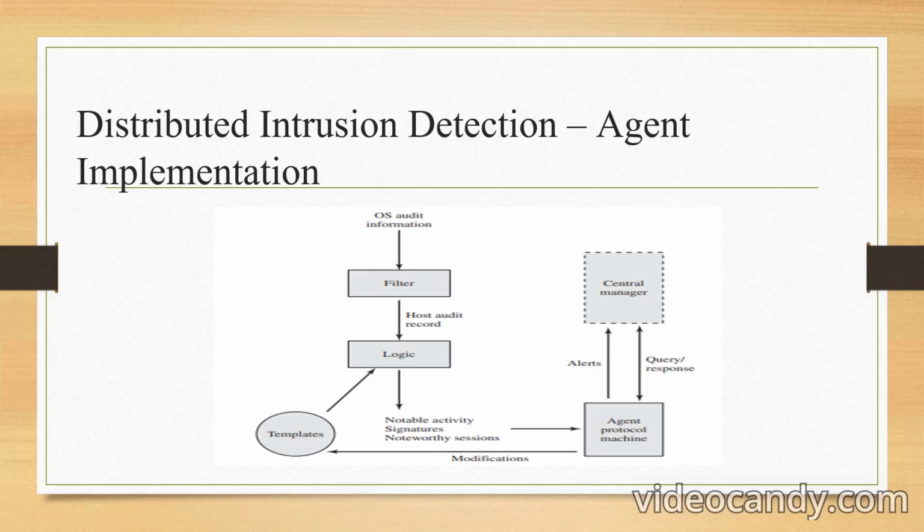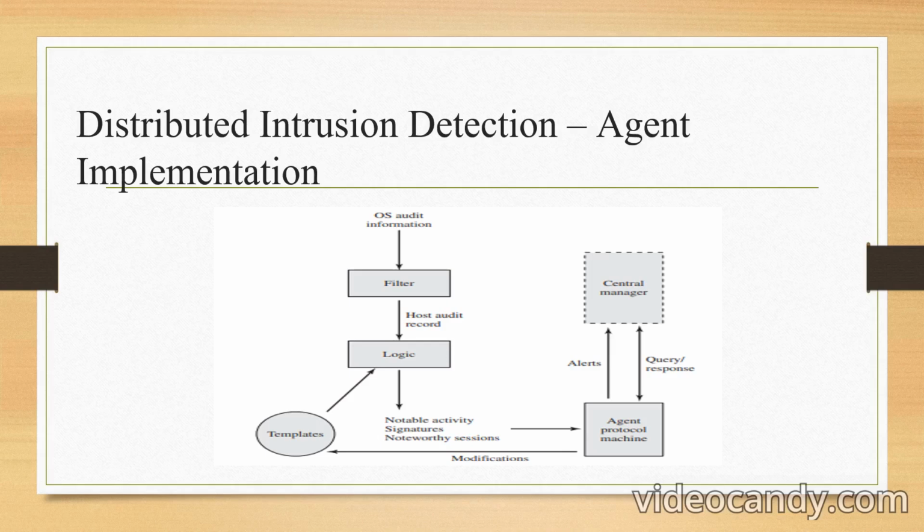At the next higher level, the agent looks for sequences of events such as known attack patterns. Finally, the agent looks for anomalous behavior of an individual user based on the historical profile of that user, such as number of programs executed, number of files accessed, and the like.